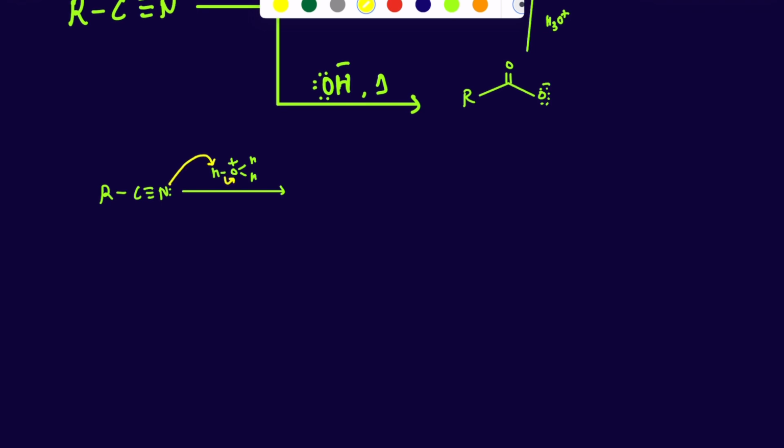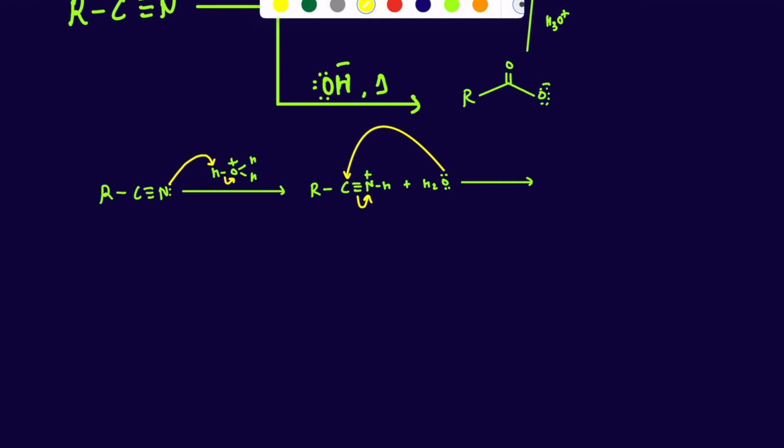So I want to go ahead and protonate that nitrogen, and when I do, I get nitrogen here with a positive charge. Now I can have the water acting as a nucleophile, and this water oxygen is going to attack that carbon here, and I'll break one of the pi bonds.